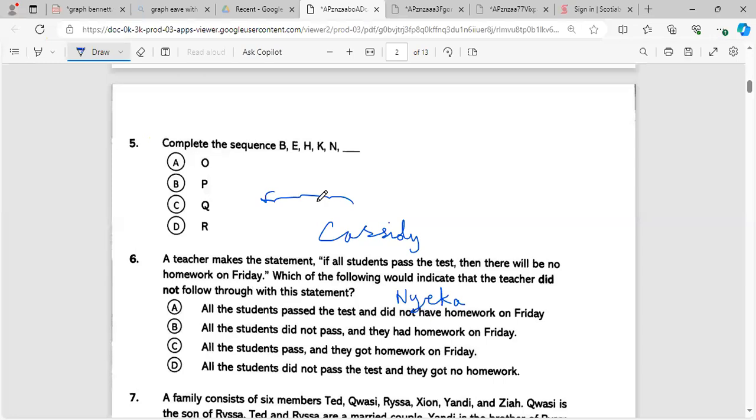So I think it would be C. Me too, sir. What's the reason? Cassidy, give your reason and then we talk. Because the sequence is B, E, H, K, N, right?